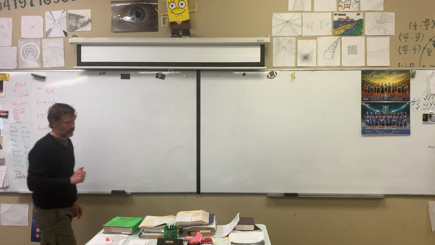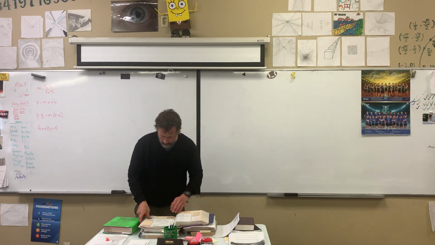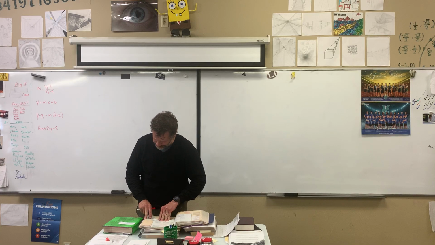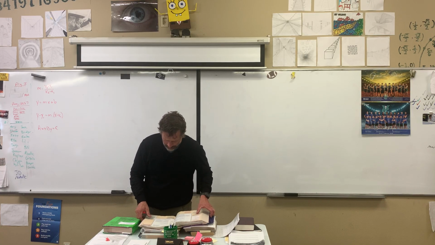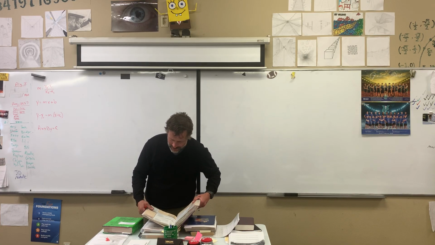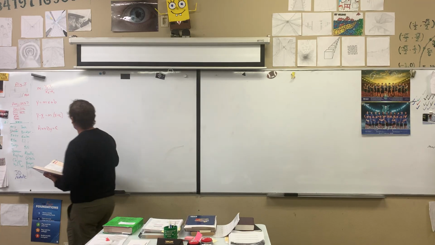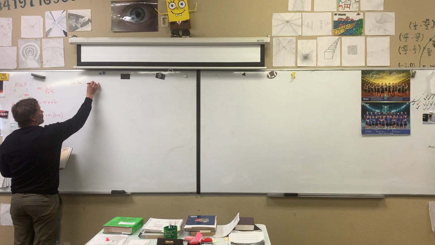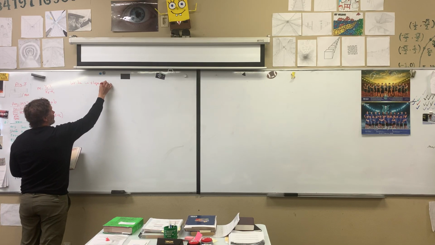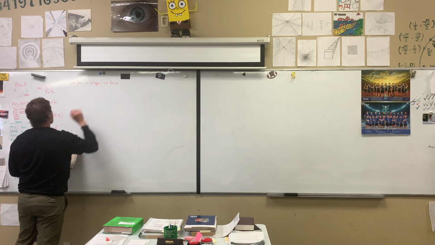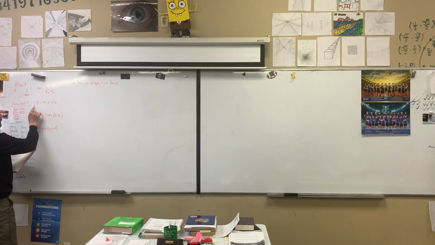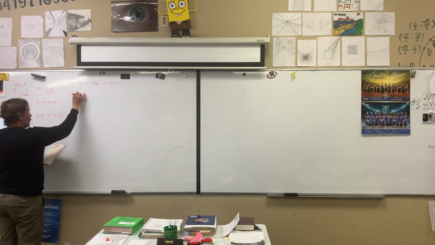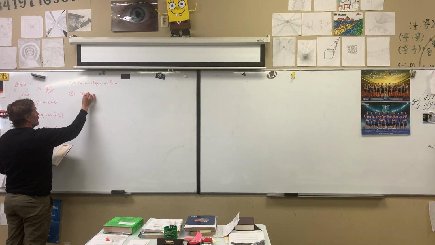So if you are given, we'll just jump into some examples here. If you're given some information that says write the equation in slope-intercept form, that means when we're done and looking for our answer, it will be y equals mx plus b. So the information they give you, we'll do some examples up here.